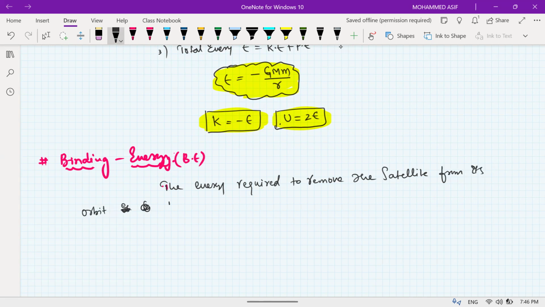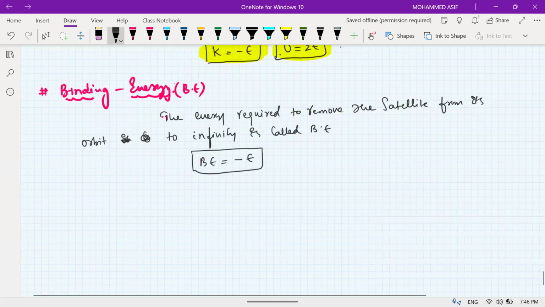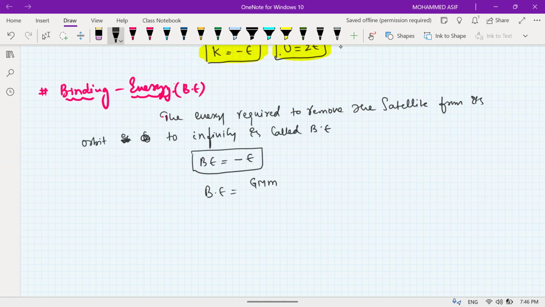From its orbit to infinity, is called binding energy. So binding energy will be equal to minus of your total energy. So what will be the formula for binding energy right now? So binding energy will be equal to minus of minus, it will become for me plus. So it is capital G capital M small m divided by r. So this is your binding energy formula.